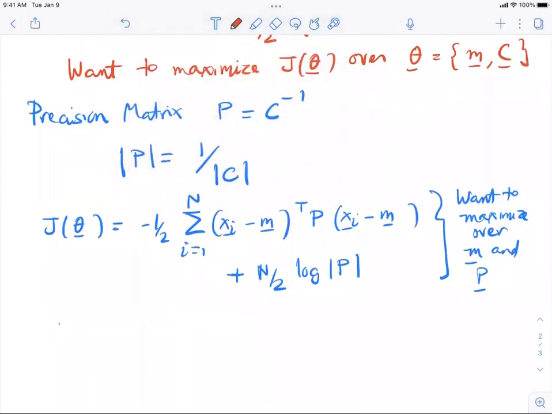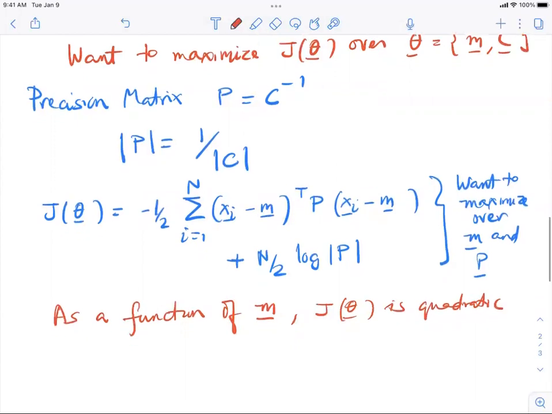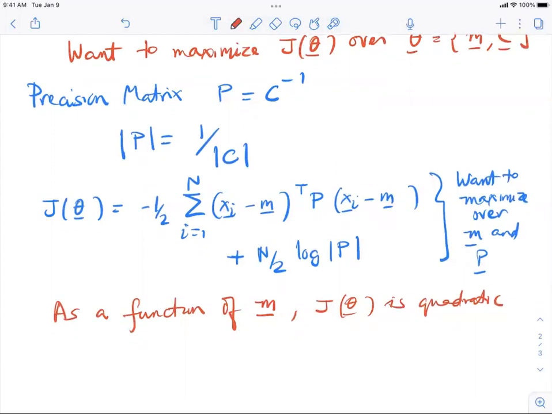As a function of m, J of theta is quadratic, right? You have x minus m transpose. Remember, x is just a constant now. It's just data that is given to us. So m transpose and then x minus m again with a matrix in the middle. So it's a quadratic function of m. And let's look at the sign of the leading term of the quadratic.